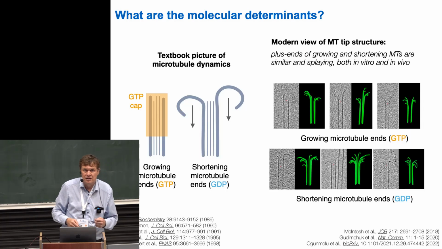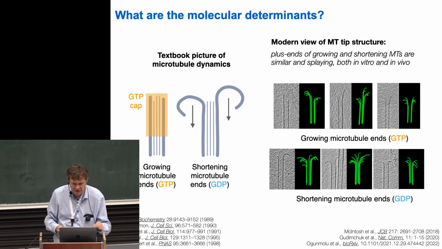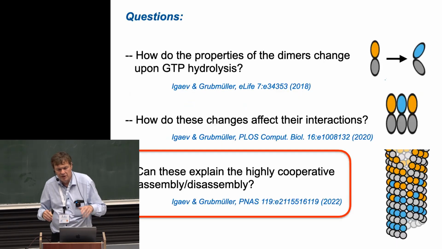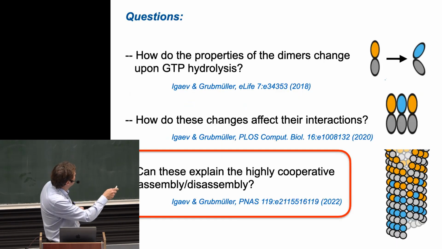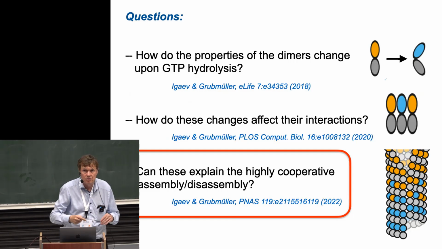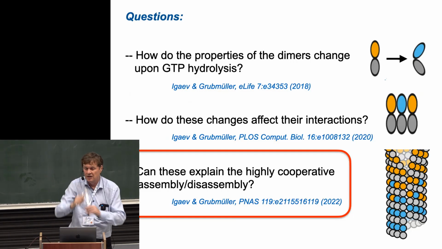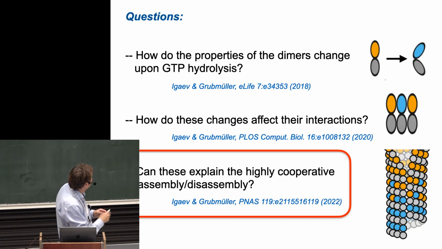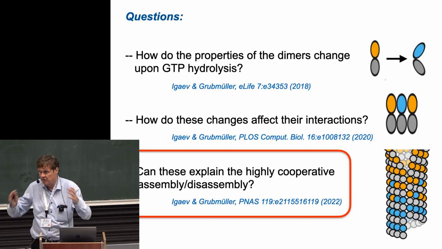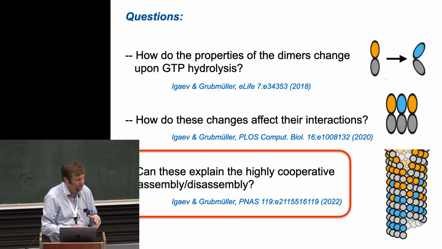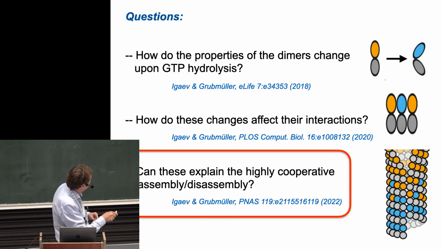I don't see much, so this cannot be the reason. And this is what we looked into by simulations. We looked into how the monomers undergo a kinking motion upon hydrolysis of GTP. We looked at the lateral interaction between the monomers, and then we put everything together into a simulation of the whole microtubule tip.